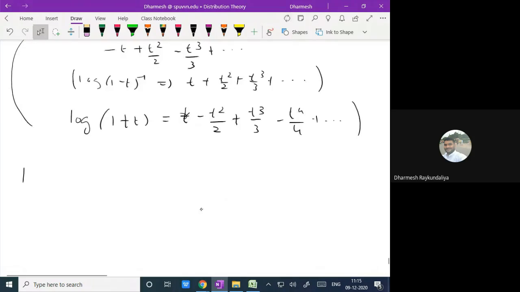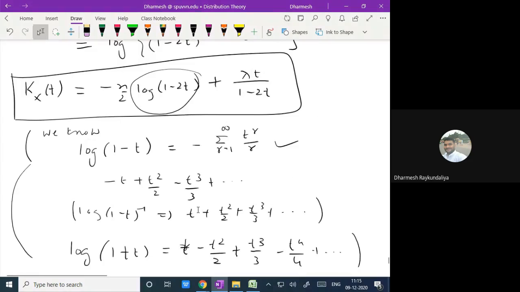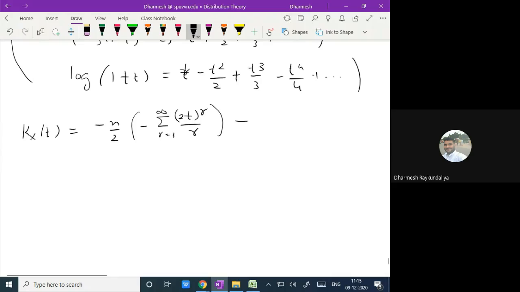So we can write K X of t is equal to minus n by 2 minus summation r equal to 1 to infinity 2t raised to r upon r. And what about this? We can write it as plus lambda t into 1 minus 2t raised to minus 1.